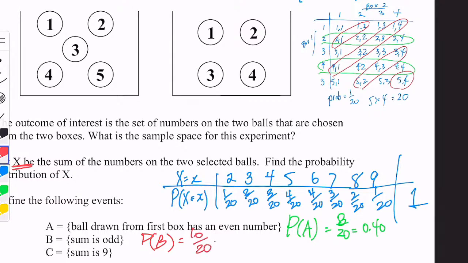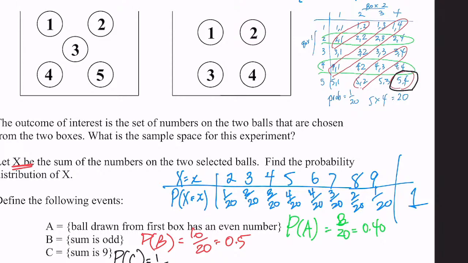So that's 50%. And finally, the sum is 9. There's only one place where the sum is 9. I'll use black. That's here. So that was only in one place out of 20.